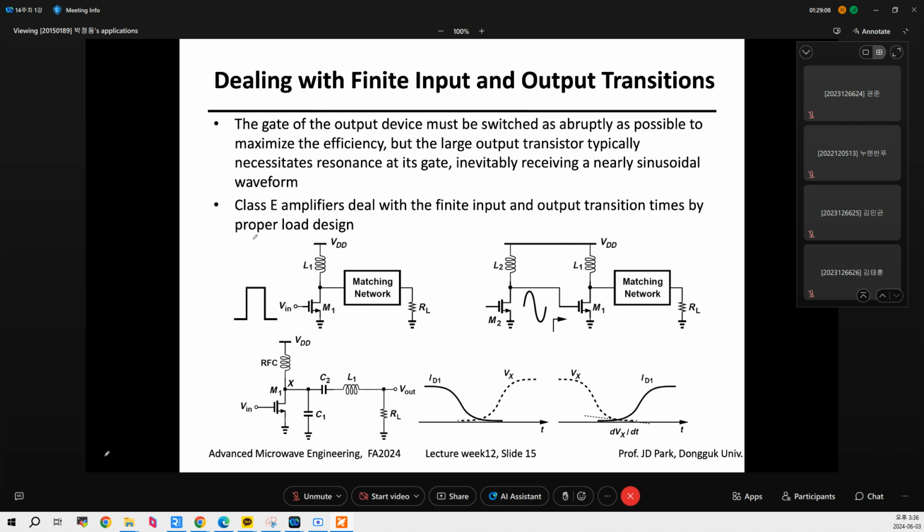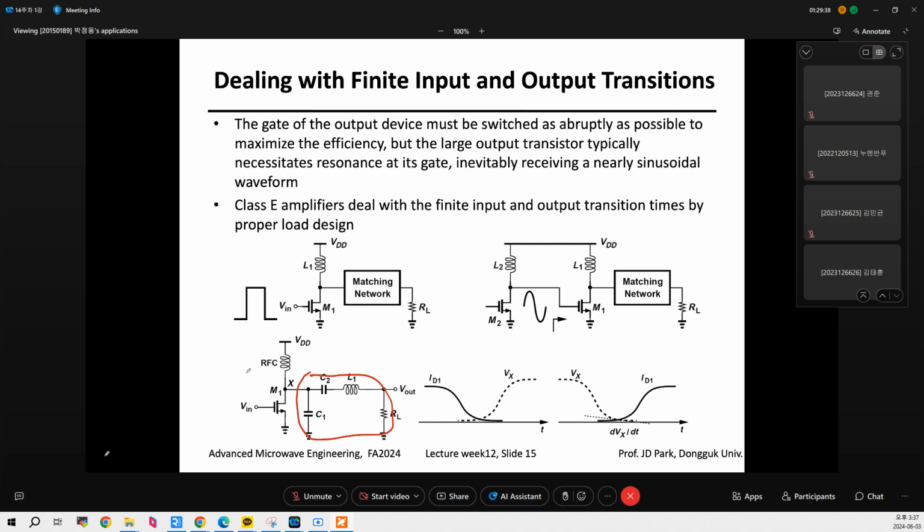The basic structure of the class E amplifier looks like this. This is actually signal shape engineering. The gate of the output device must be switched as abruptly as possible to maximize the efficiency.